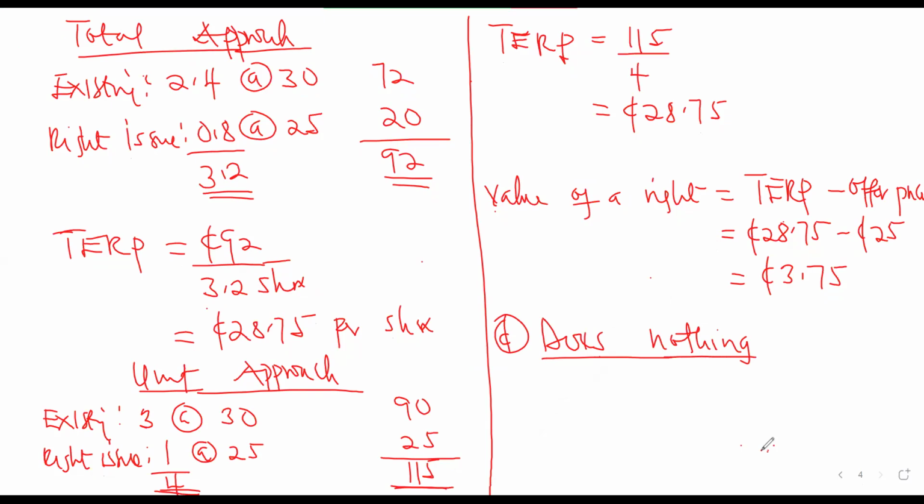If the person does nothing, let's look at the effect before and after. Before: the person does nothing, the shares before the rights issue will be 1,200 multiplied by what? 30, is that correct?